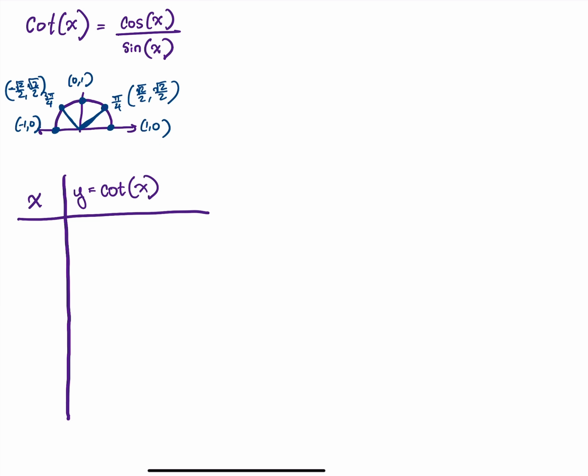So notice for 0, we should be undefined. So I would be doing 1 divided by 0. For pi over 4, we should get a value of positive 1. Positive root 2 over 2 divided by positive root 2 over 2. For pi over 2, I have 0 divided by 1, so that will be 0.